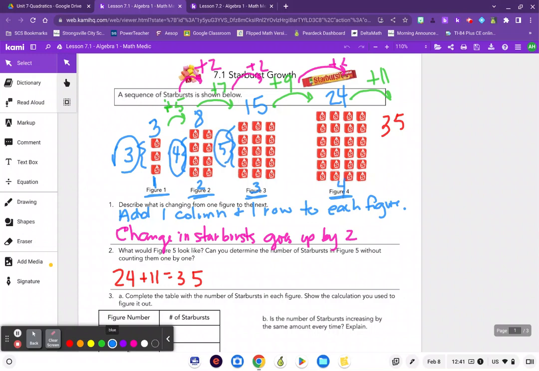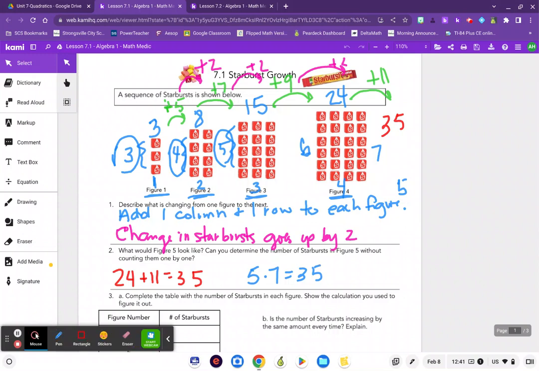Figure 4 is 4 columns and 6 rows. So I'm going to guess that figure 5 has 5 columns and 7 rows, right? I'm adding a column and row each time. And so it's this idea that I could do 5 times 7, which is also 35. So it's kind of cool because I can get this answer of 35 going about it in 2 different ways.